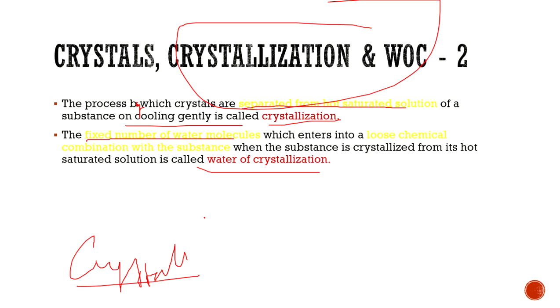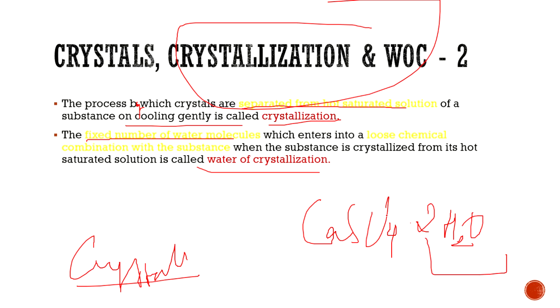Let me take an example: calcium sulfate, CaSO4.2H2O. How many water molecules? 2H2O, meaning two water molecules. These water molecules enter into a loose chemical combination with the substance.